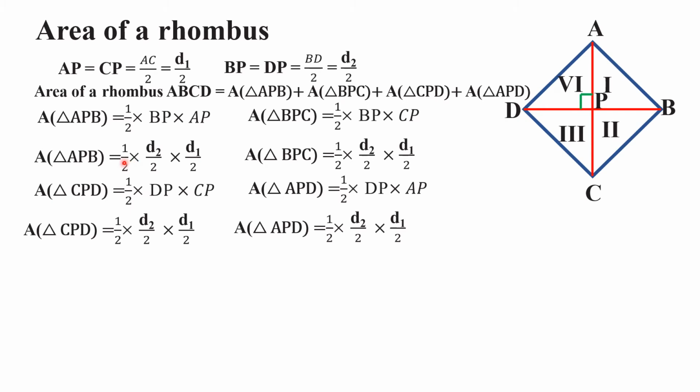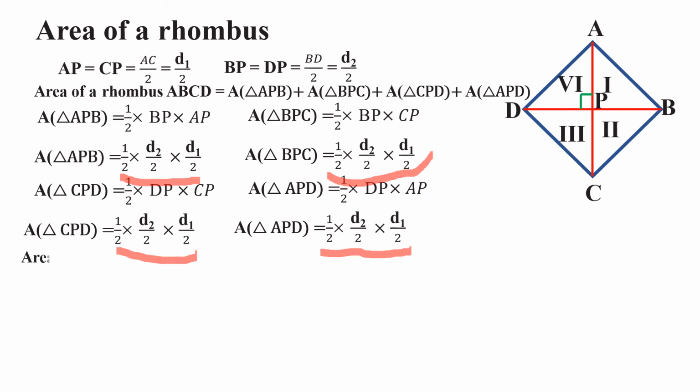Observe that the areas of all four triangles are equal to 1 upon 2 into D2 upon 2 into D1 upon 2. All four are the same and equal. So the area of the rhombus is equal to 4 times the area of any one triangle.